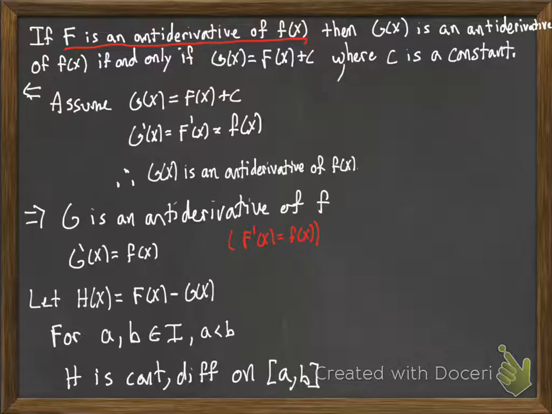Now we're moving through this fairly quickly. If at any point in time you do need to pause, please do so, to catch up and think about these problems. So we know that H is continuous and differentiable on the interval. Well, how does that help us? Well, we happen to have a theorem that talks about a function that's continuous and differentiable on an interval.